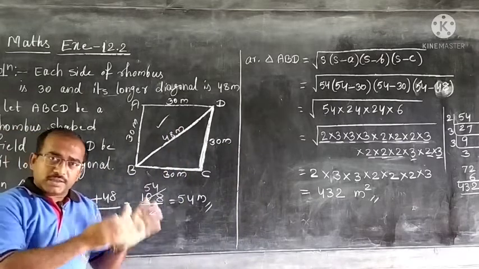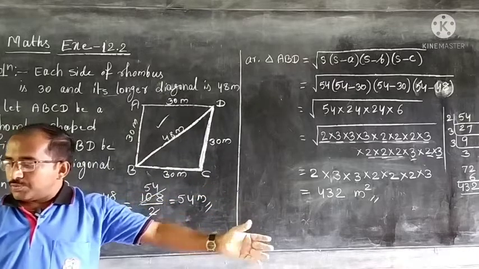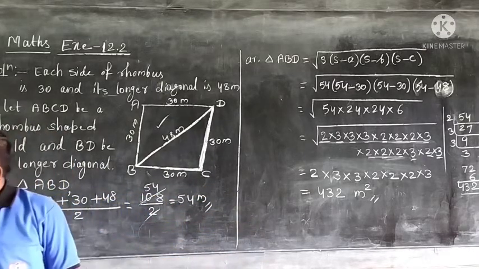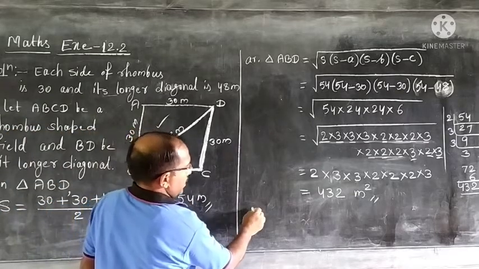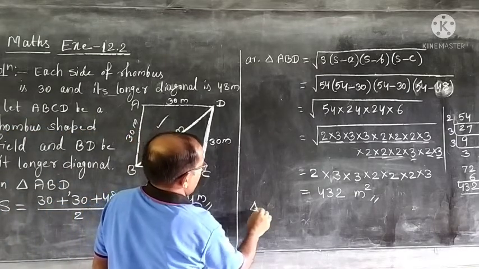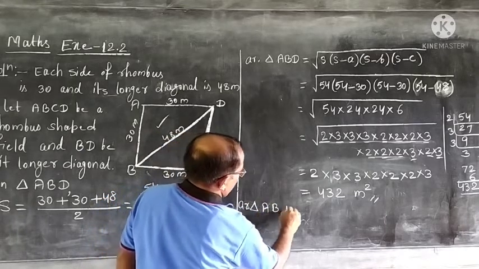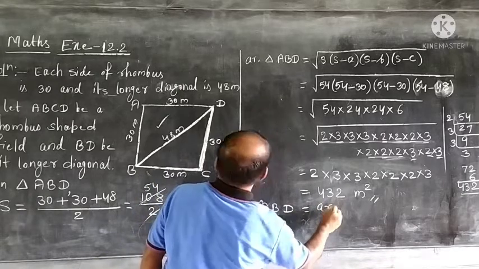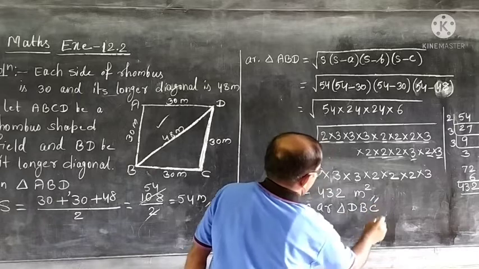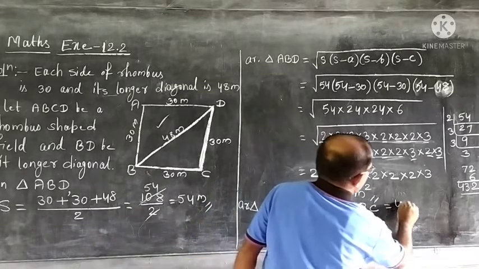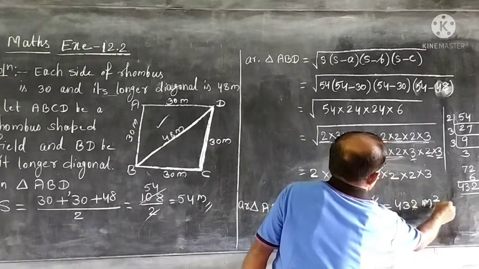So surely the other triangle DBC also has area 432, because we know the areas of both triangles are equal. We can write, area of triangle ABD is equal to area of triangle DBC. Both will be 432 meter square each.